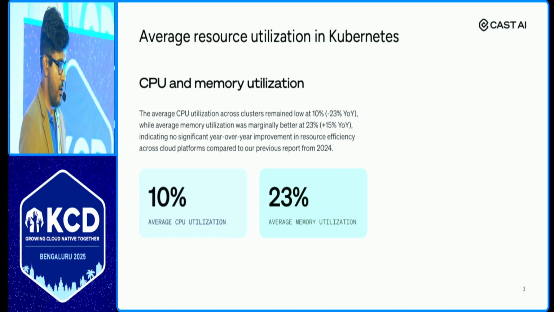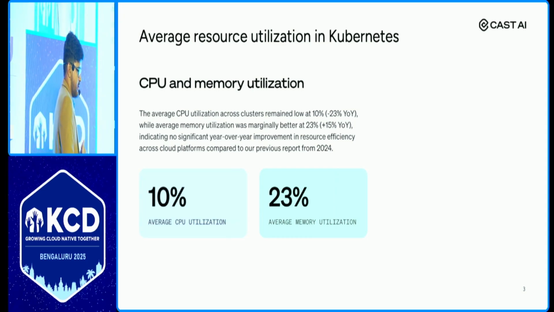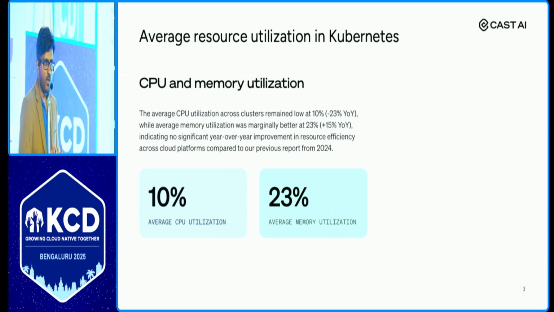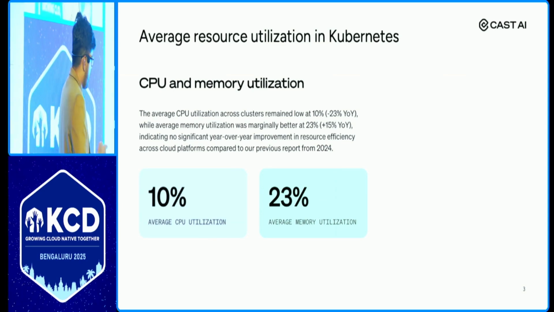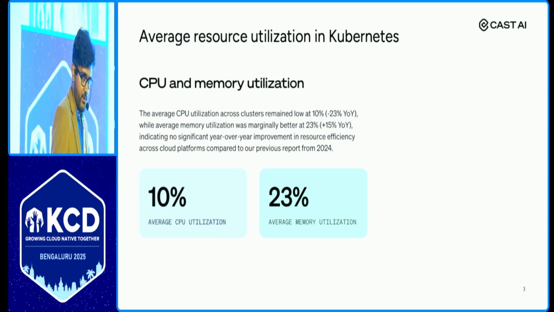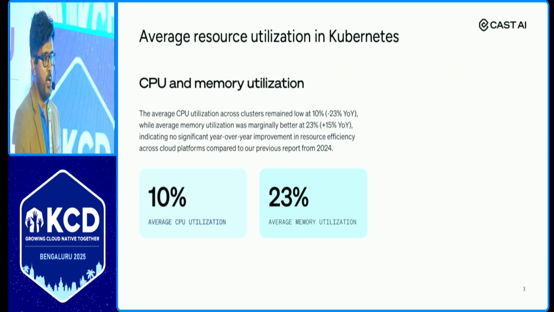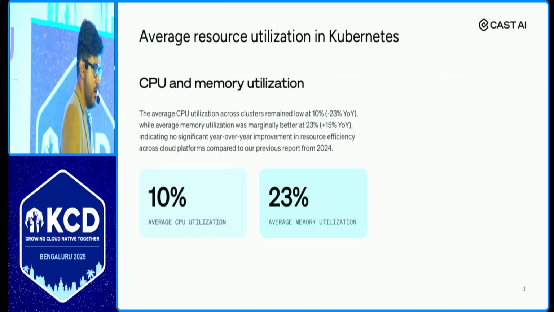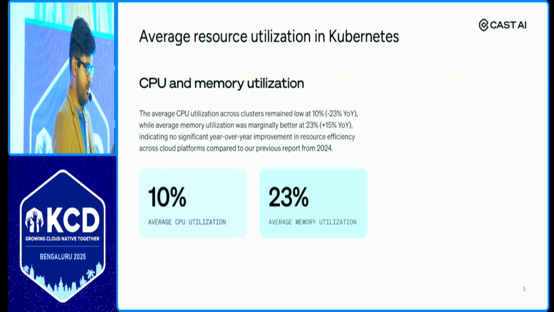So we collected all three parameters and analyzed how much the customer is paying versus their actual usage. The data shows only 10% on average. Only 10% of the CPUs they're paying for are utilized, which means that if they pay for 100 CPUs, only 10 are being utilized.